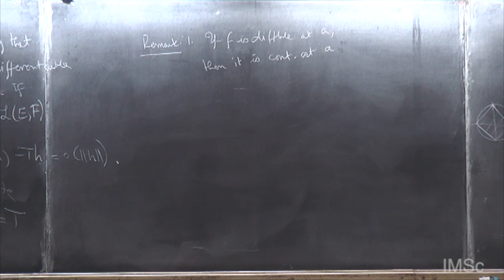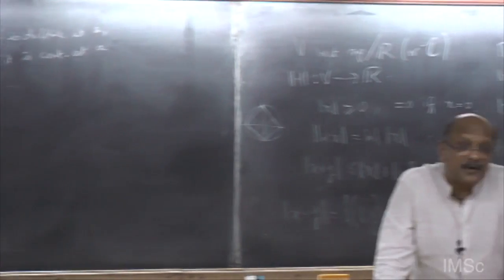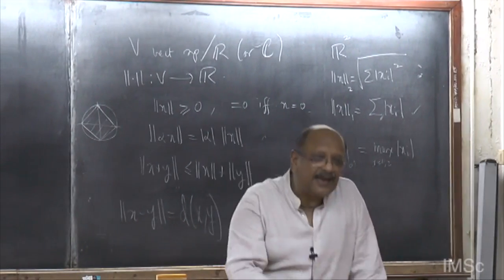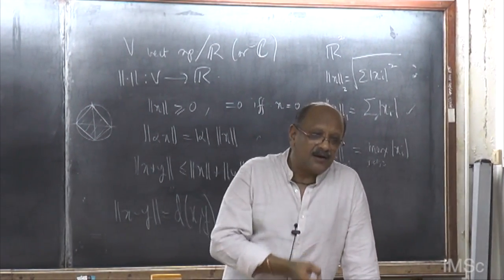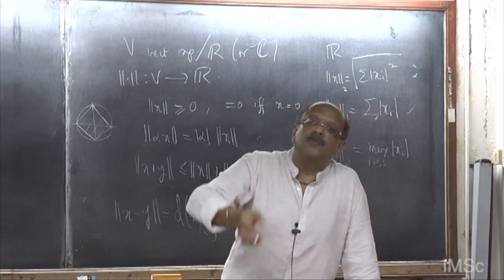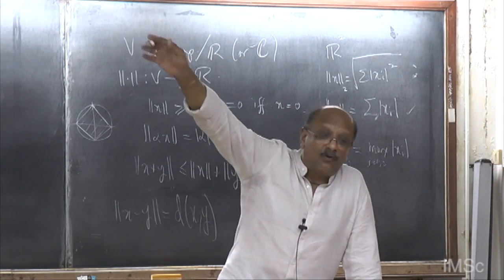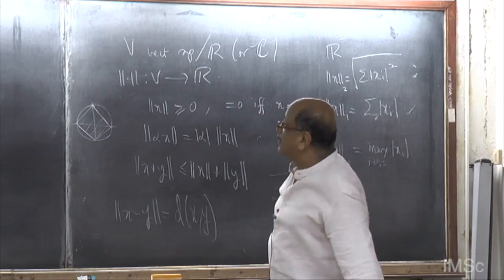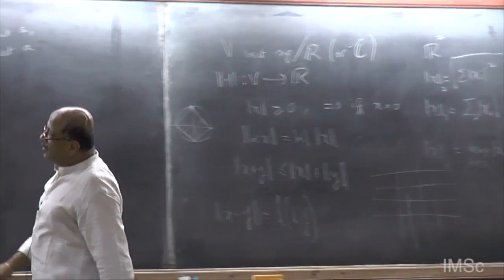If you have a real function which is differentiable, then it is definitely a continuous function at that point. Differentiability and continuity are local properties, so you have to say differentiable at A, continuous at A. When I say differentiable or continuous without a point, I am talking of all points, which I will come to later. So, why is this so?